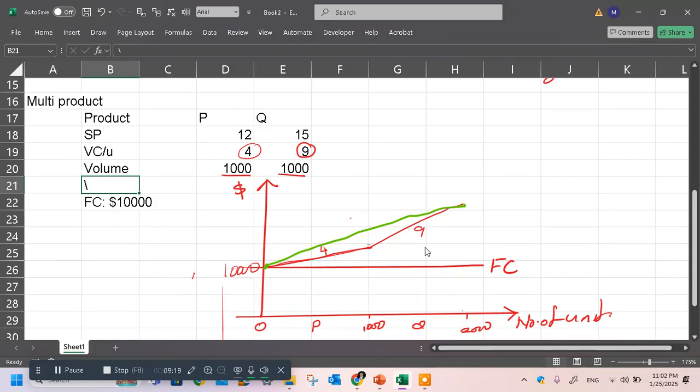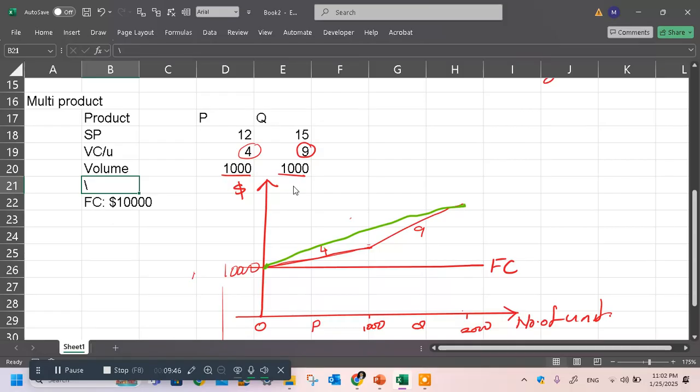Let's try to understand the green line and the red line. What the red line tells us is selling the products one by one. P is sold first. You are finishing all 1,000 units of P. Then you are selling 1,000 units of Q. What is the green line? Remember in the multi-product break-even calculations we assumed products are sold at a constant ratio. That means 1,000 units of P, 1,000 units of Q means 1:1 ratio, right?